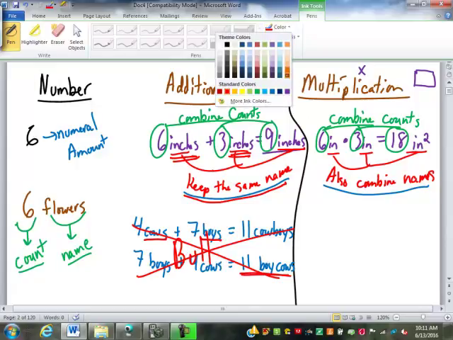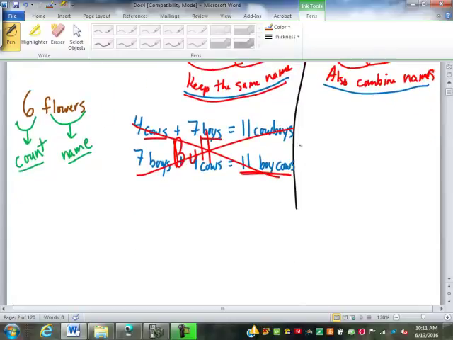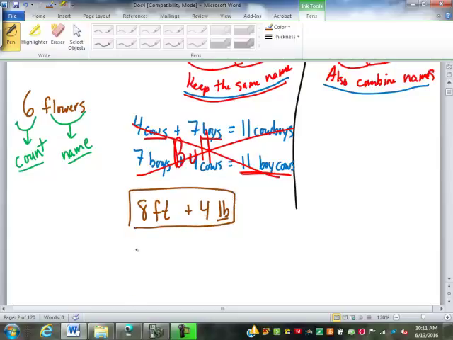On a little more serious note, if I were trying to add 8 feet and 4 pounds, what do I get when I add those? Well, I get 8 feet and 4 pounds because they have different names. I cannot combine those with addition.